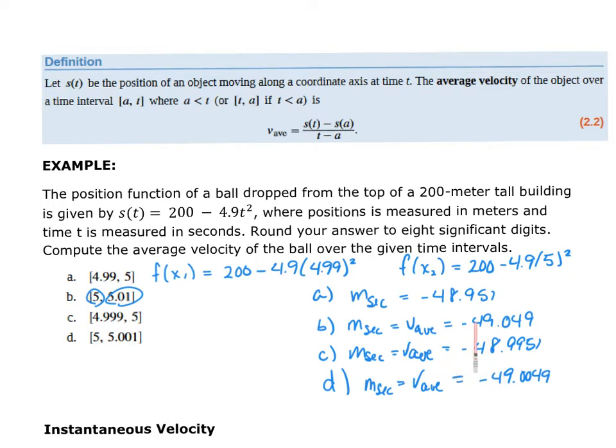As you get closer and closer to 5, on either the left side or the right side, it'll end up becoming the same number. So if you were to continue with this iteration process, you're going to end up with the instantaneous velocity, which is what we're going on to next.